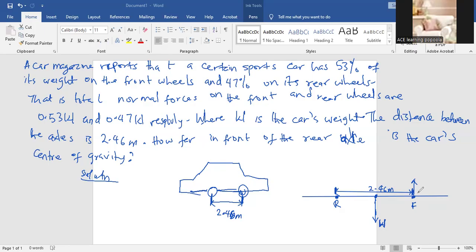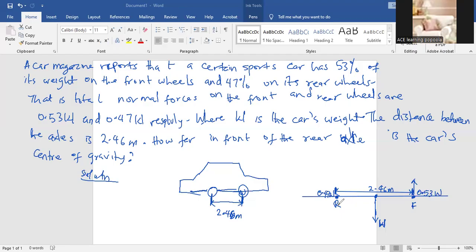At the front wheel, it is 0.53 of the weight, and at the rear wheel, it is 0.47 of the total weight. Okay.